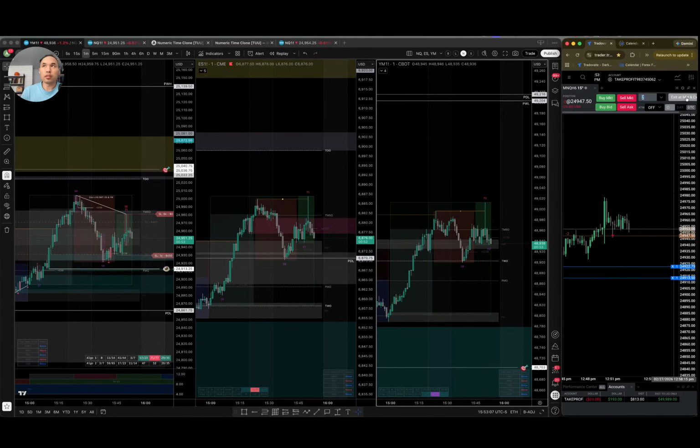If we take these lows, let's see what this 55 candle does. No.